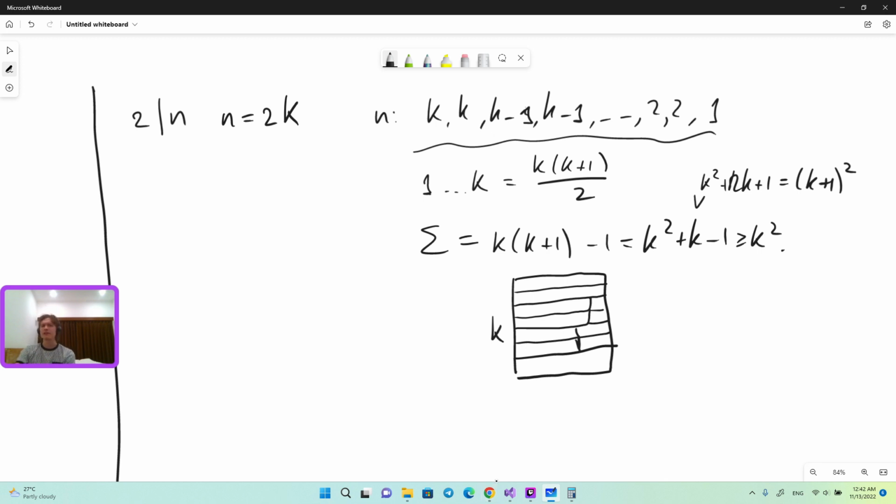Actually, there is even a difference in the cases of 4 dividing n and 4 not dividing n. These are two separate cases. They are different, surprisingly enough. So we have 2 times k, k minus 1 and 1, k minus 2 and 2.